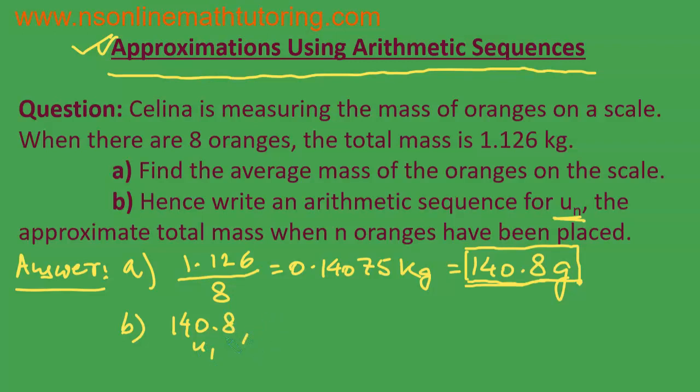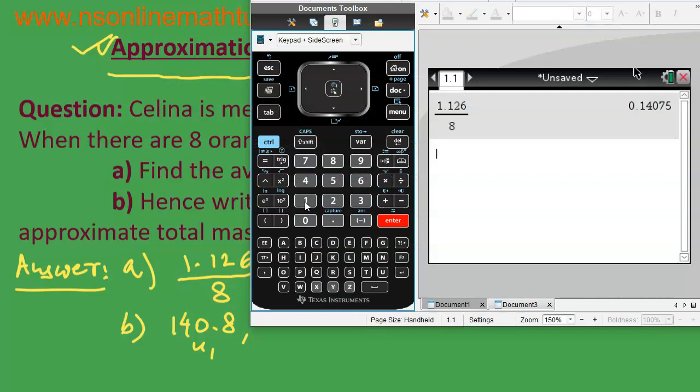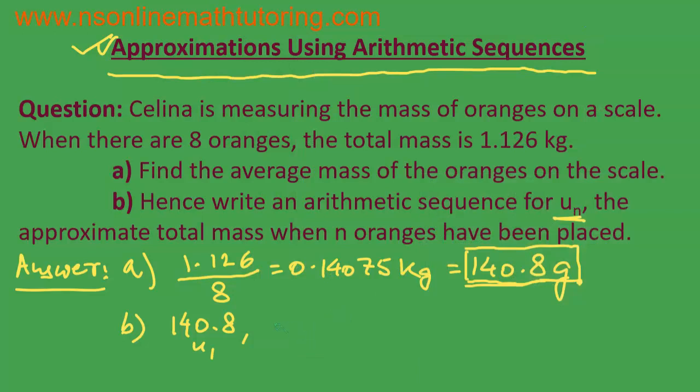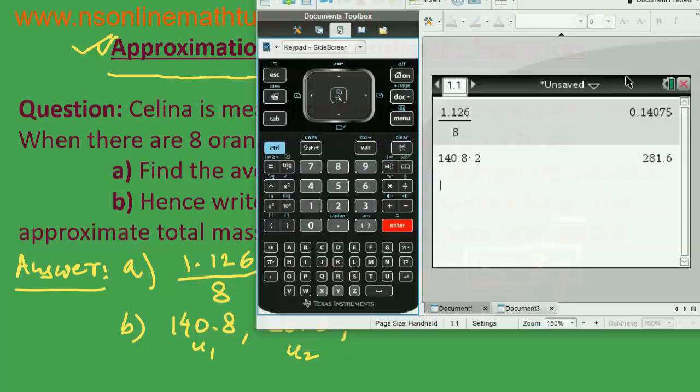The total mass of the two oranges, that is 140.8 times 2. What is that equal to? 140.8 times 2 is 281.6. So 281.6 will be equal to U2. What will be U3? Obviously, it will be 140.8 times 3.